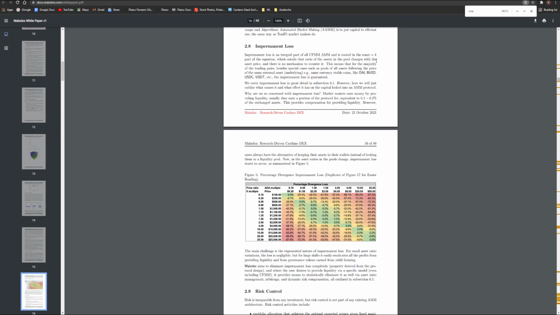But either of those assets in your pool could actually change in respect to, let's say, the US dollar or whatever national currency you ultimately want to exit into. And the problem occurs when the dollar value of either A or B changes a lot.